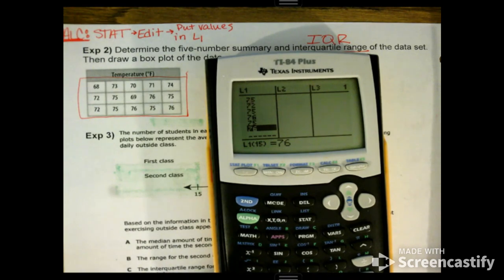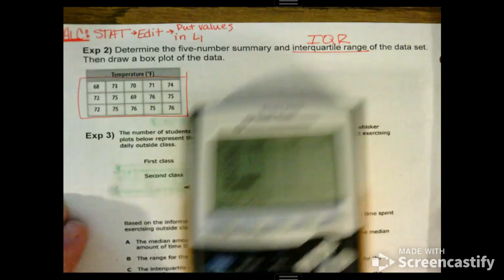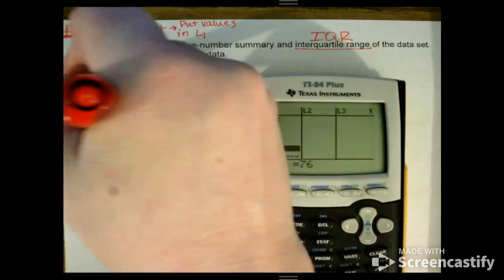Go back. Okay, if you're prone to making mistakes because this is a lot of numbers, as you put them in your calculator, check them off.